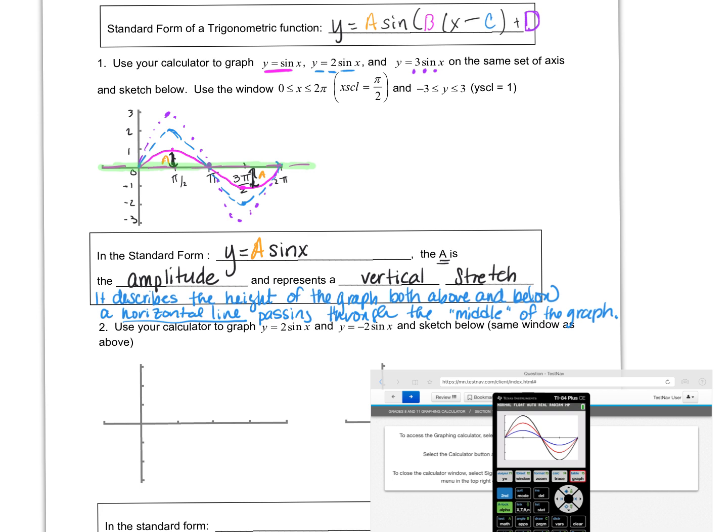It's a horizontal line, and we call that the midline. Okay, and the midline, I'm going to define it here.